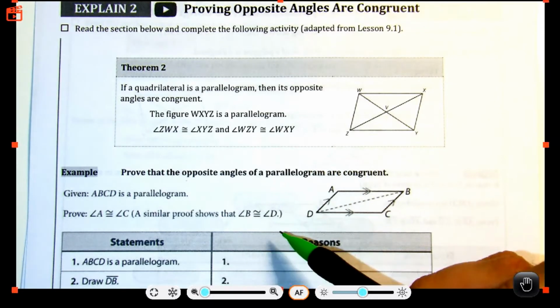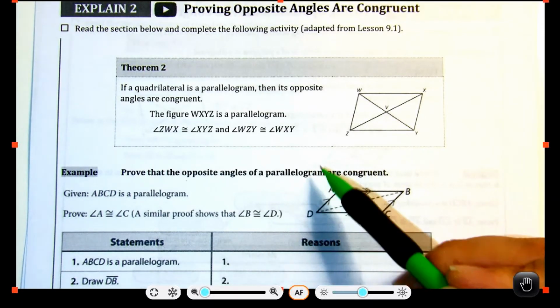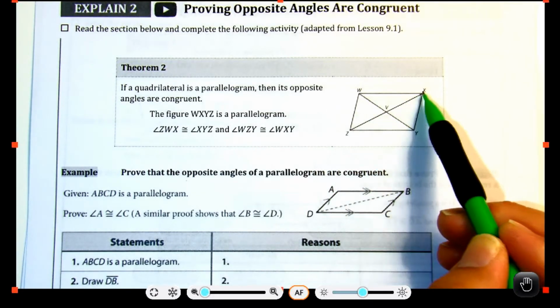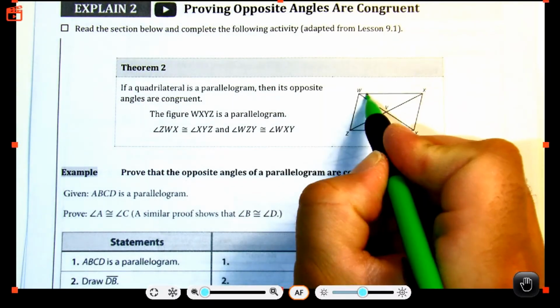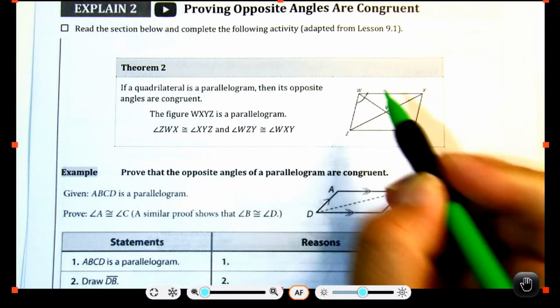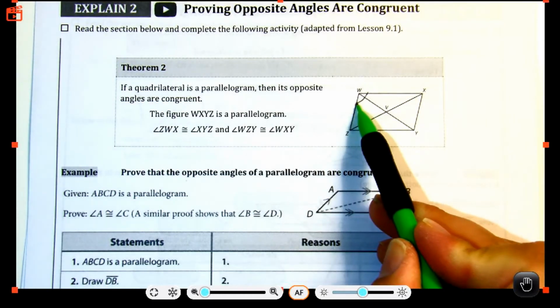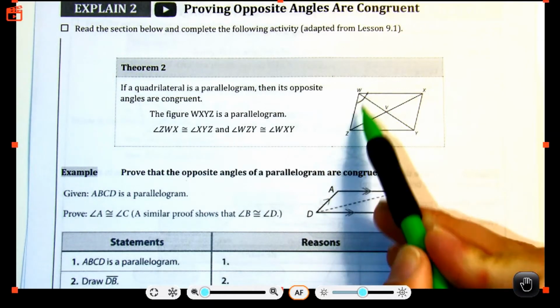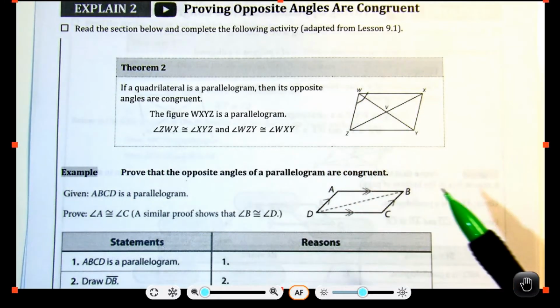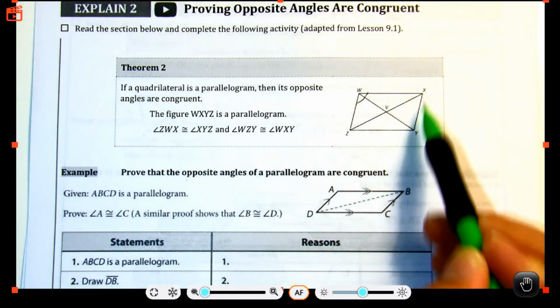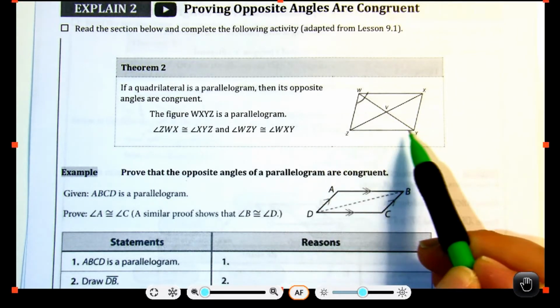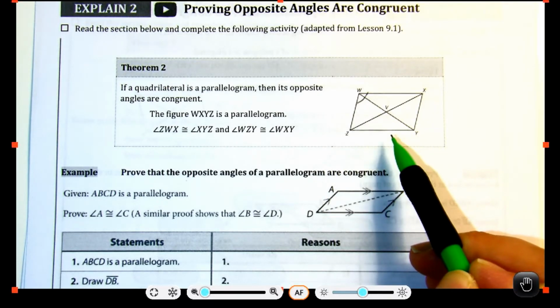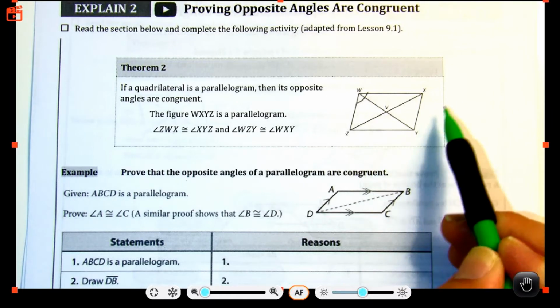So ZWX, this is an angle, and that is this angle. So I'm using an arc to show that this angle ZWX is congruent to XYZ. Remember that to label an angle, if you use 3 points, it's the middle point that is the angle.